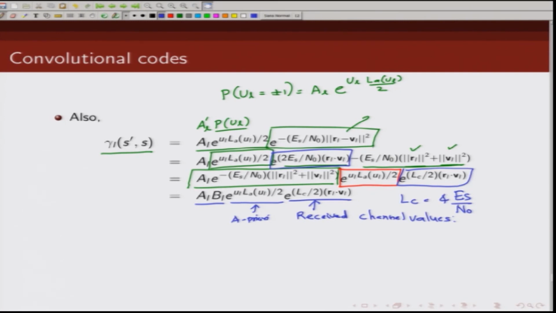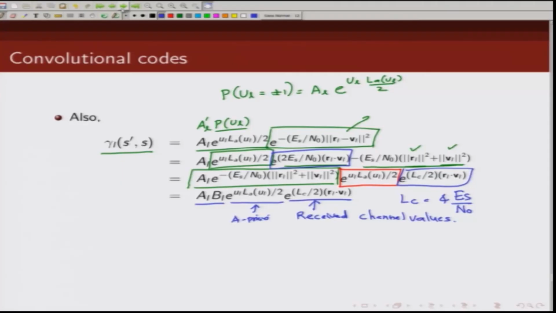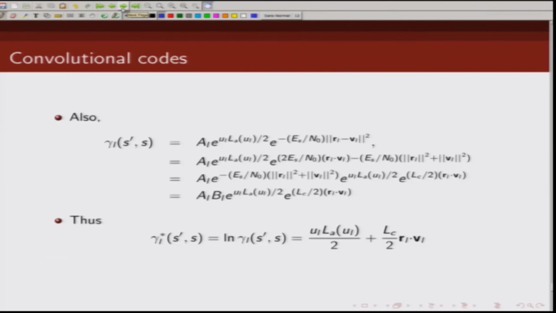So this is a simplified expression for the branch matrix computation for our BCJR algorithm if we are considering an additive white Gaussian noise channel.